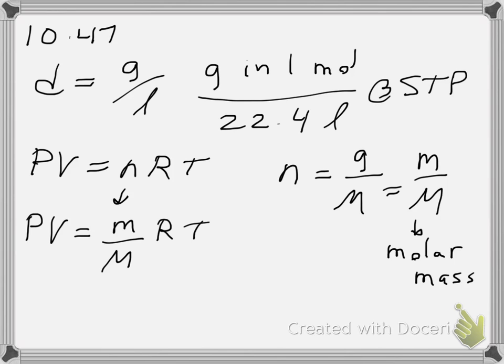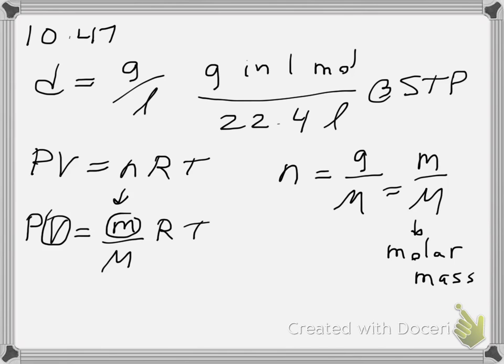And then knowing that density is going to be grams per liter, density of a gas, or mass per liter, I notice that I've got mass here and volume here. So if I get mass over volume, that's going to give me the density.